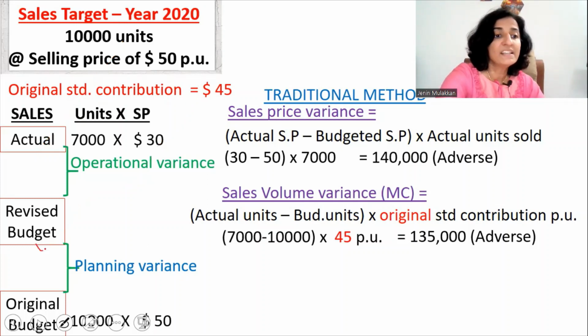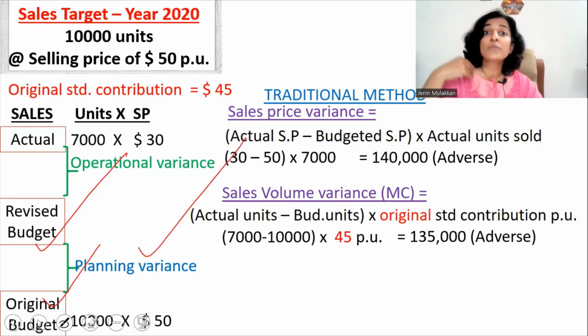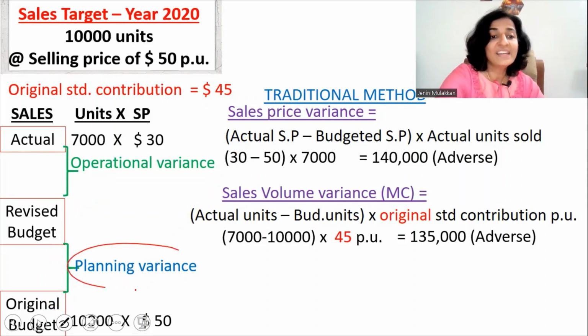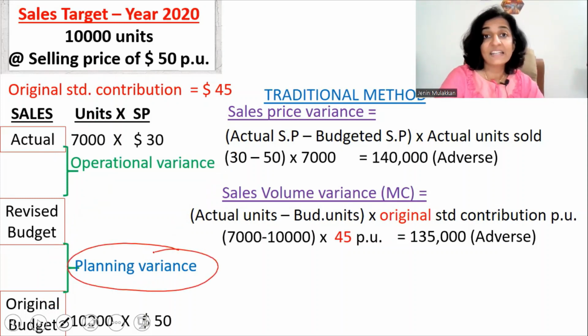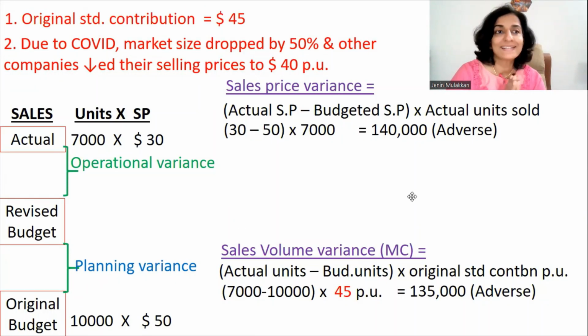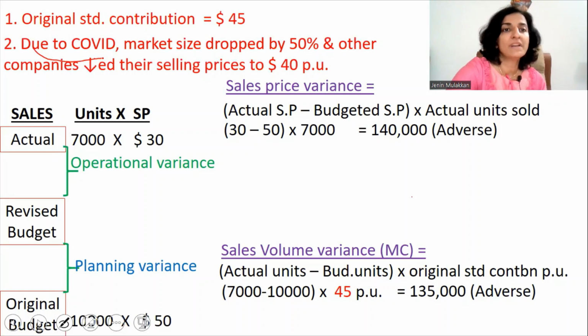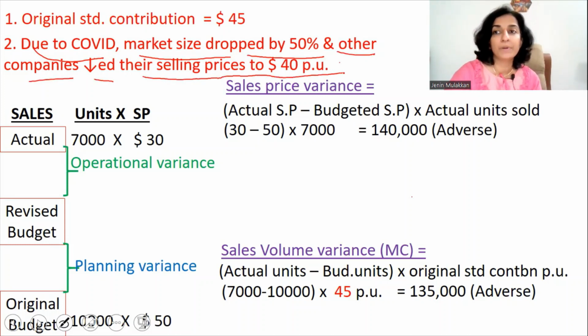And when we compare the revised budget with the original budget, that is known as the planning variance. This is because of uncontrollable factors like COVID. So planning variance is the variance which is calculated due to the defect in the planning. Now, in the question, it is given, due to COVID, market size dropped by 50% and other companies reduced their selling prices to $40 per unit.